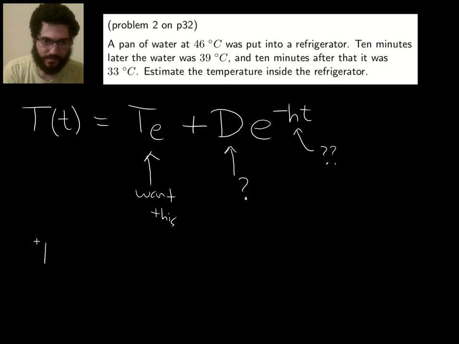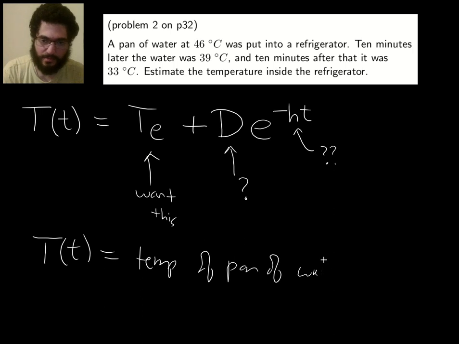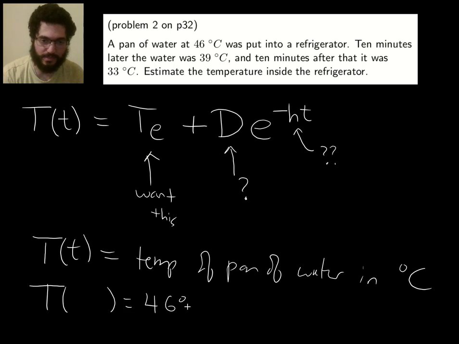So like I said, I didn't make this clear. I'm assuming that this is the temperature of the pan of water, in degrees C, because that's what the problem uses. We're told that T of a certain time is 46 degrees.